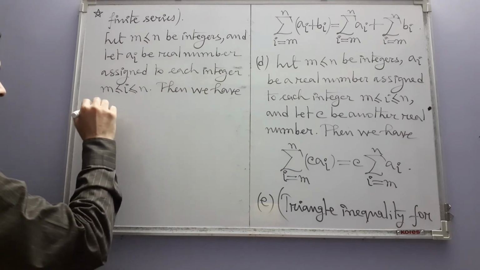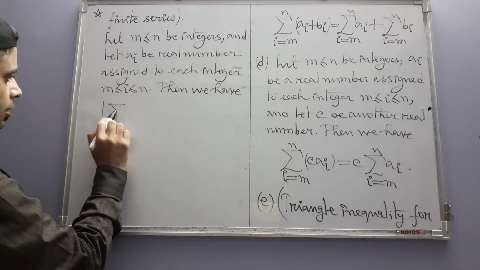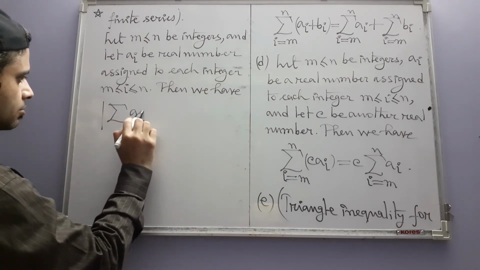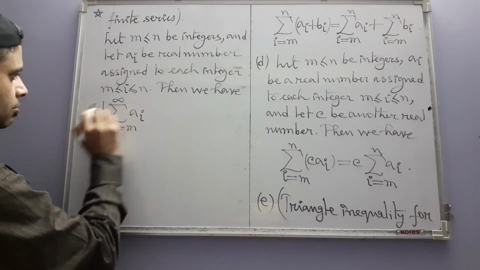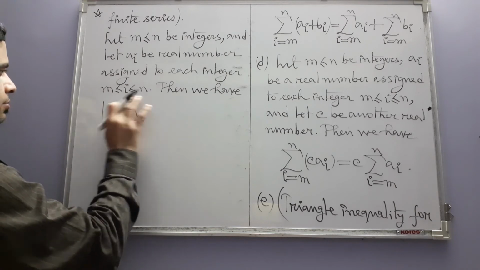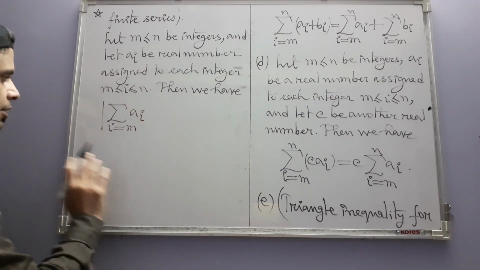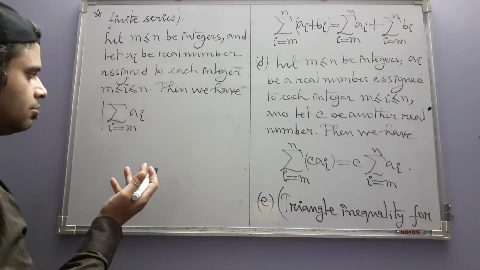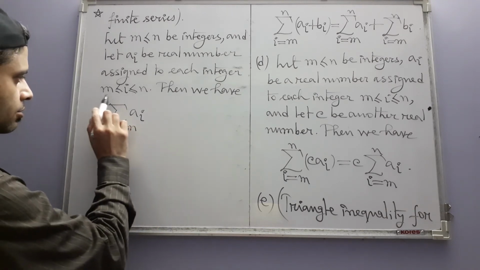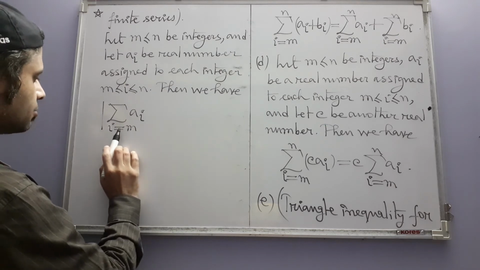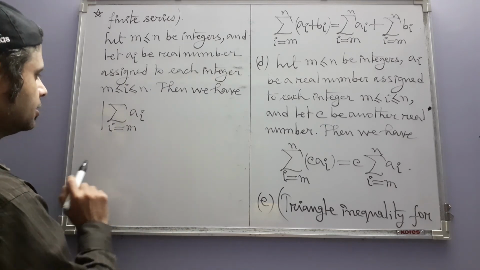Then we have the absolute value of the series. Oh, sorry. See, that's what happens when we become accustomed with infinite series. The tendency is to write infinity, because mostly we are working with infinite series.